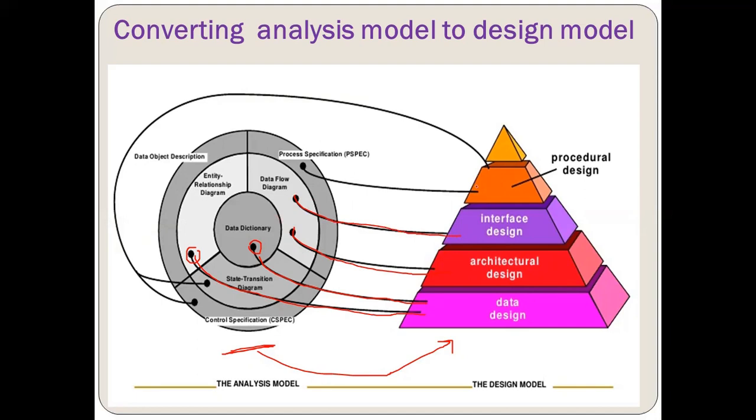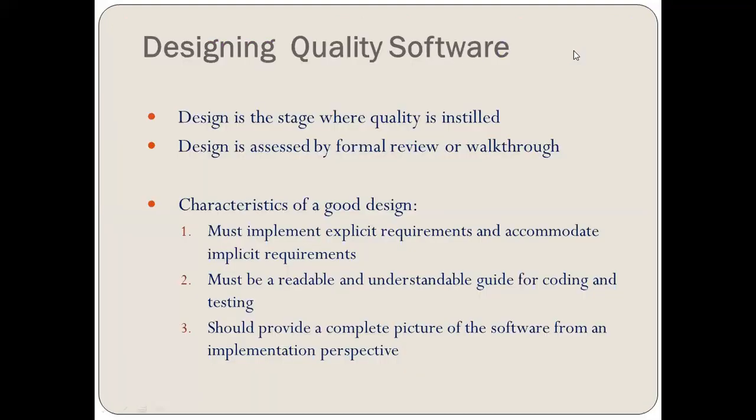And lastly, the procedural design comes from the process specification, the control specification and the state transition diagram. So this is how the conversion of the analysis model into the design model takes place.